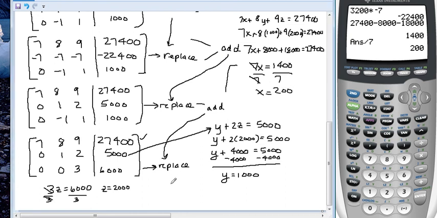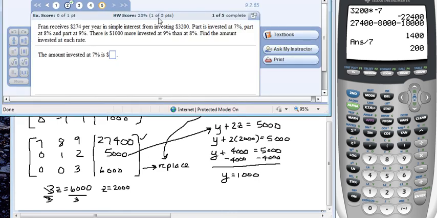So you would go back through and see, did she invest $3,200? Well, 2,000 plus 1,000 plus 200 is 3,200, right? So that's good. The second parameter said that she invested 1,000 more in the Z account than the Y account. Well, yeah, that looks about right, right? And then I'd go back through and see if the simple interest is adding up.